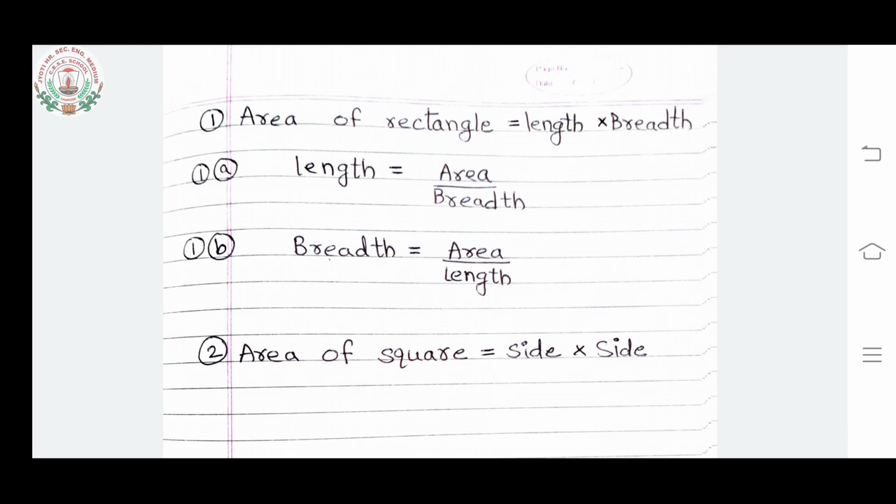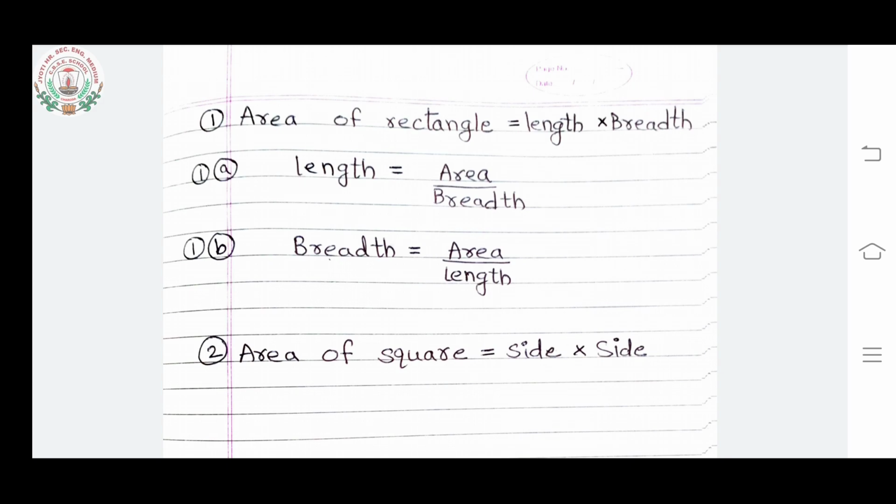So these 3 types of question: question number 1, where you are asked to find out the area of rectangle. Question 2, area of square. Question 3, area of rectangle only, and after finding 3 rectangles area, you have to compare and tell the largest and the smallest.